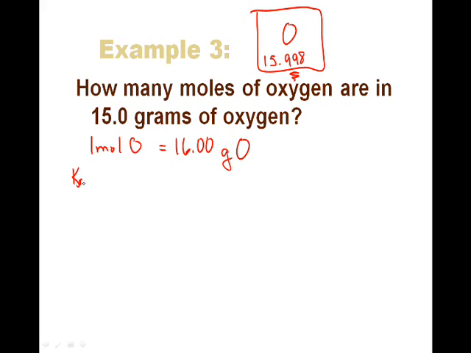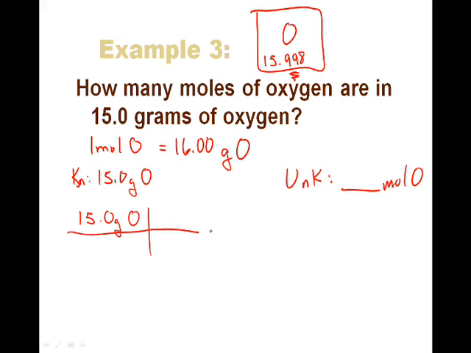The thing we know here, of course, in this problem is that we're starting with 15.0 grams of oxygen, and the thing that's unknown that we want to get by the end of this problem is how many moles of oxygen atoms that is. So 15.0 grams of oxygen atoms, and that symbol just means an oxygen atom.